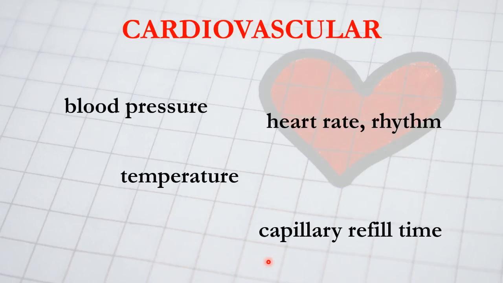That's why capillary refill time is a nice assessment tool as well, to check for the level of perfusion. It gives you an overview. Of course, there are other ways to check for perfusion. You can check the urine output as well, but this is one way to check for the perfusion.